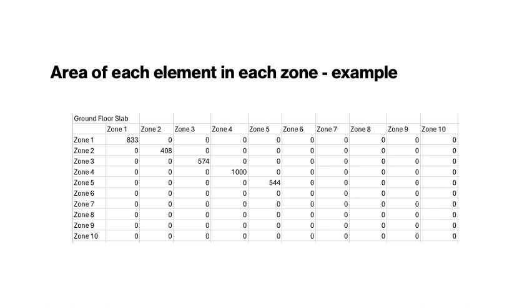So this represents zones in contact with each other, and it just represents the area of each element in each zone. And then if the zones are in contact with each other, so for the ground floor slab, zone 1 is in contact with zone 1, so that's why I wrote the 833 here and so on. So you might have different zones in contact with each other for different elements.